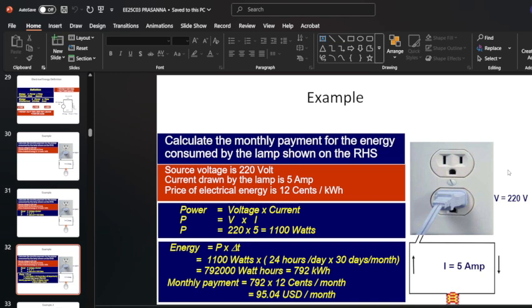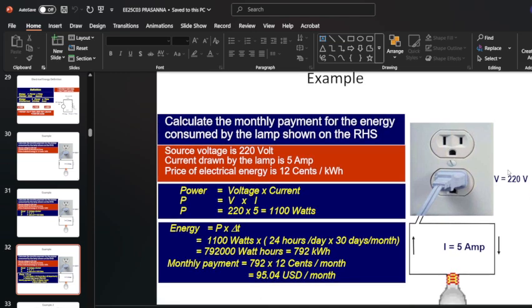That gives 792,000 watt hours, that means 792 kilowatt hours. So the monthly payment, at 12 cents per unit, is 792 into 12 cents, which is 95.04 USD per month.